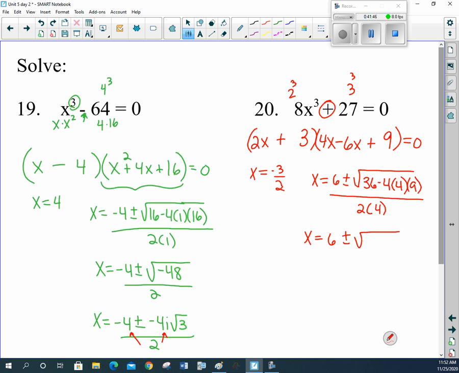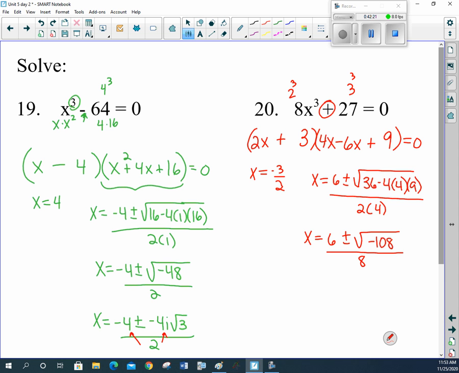So 36 minus 4 times 9 is -108, over 8. Okay, 108. Let's see what we can work with 108. It is divisible by 4.